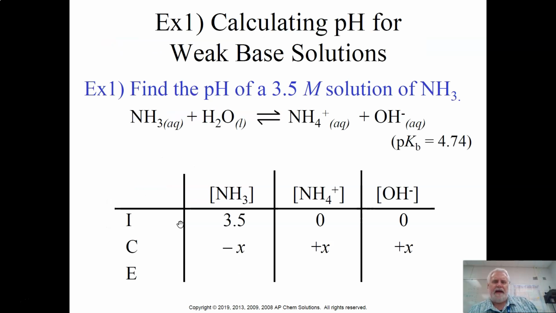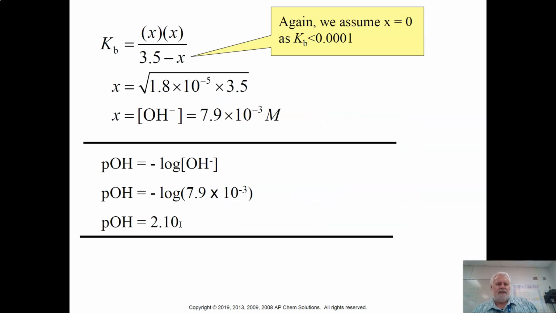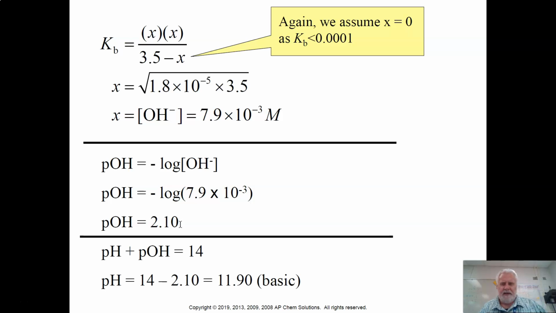But if we zip back to the beginning, it says find the pH of the solution. So to do that, if you want to, use those purple sheets, and you see that pOH plus pH equals 14.